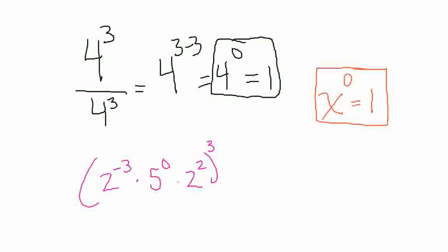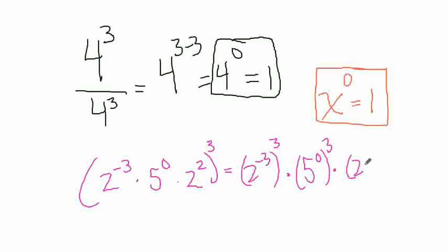Okay, so this is an example of how you can use lots of exponent rules to simplify an expression. So first, for this one, what I would do is I would distribute the exponent of 3. So 2 to the minus 3 cubed times 5 to the 0 cubed times 2 squared cubed. Okay? Then let's go ahead and now we also have our, so that was the, you might call that the distributing rule, I don't know.